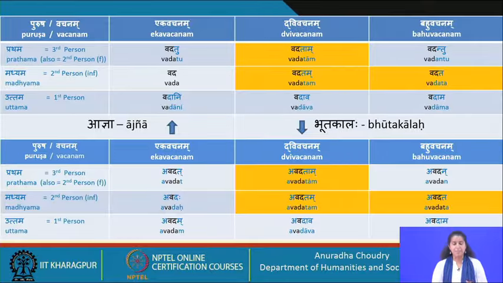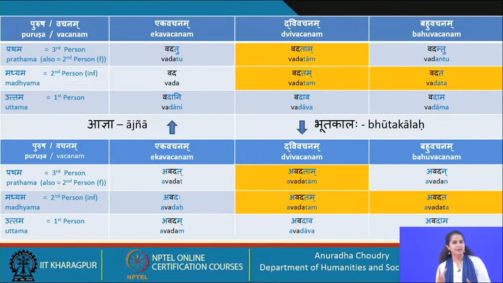So in the imperative, what happens, as you notice, is the ti becomes the tu. So vadati becomes vadatu, and then for the dual it's vadatam, plural vadantu, the n gets added there. Then in the tvam it is vada, as we will see in some songs that we'll do. Then vadatam, vadata, vadami becomes vadani, may I speak.